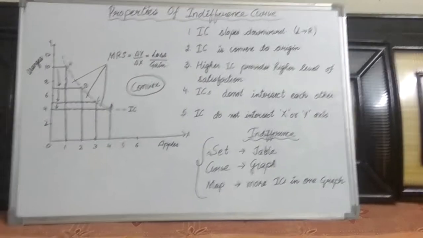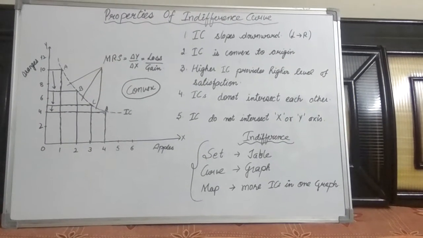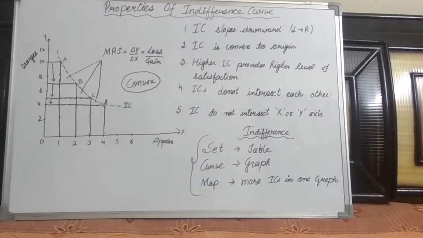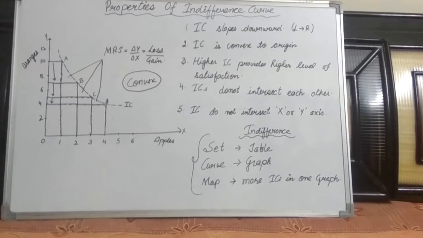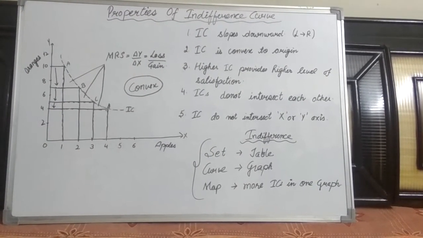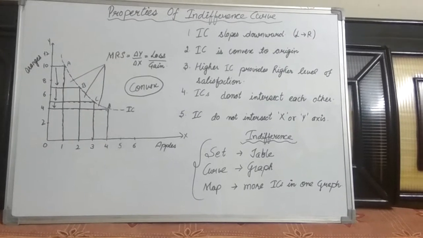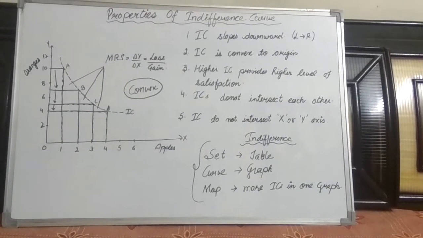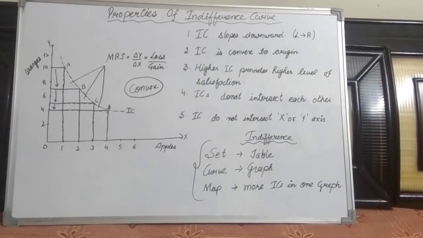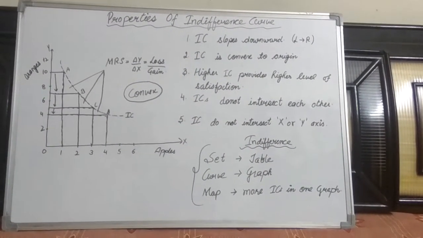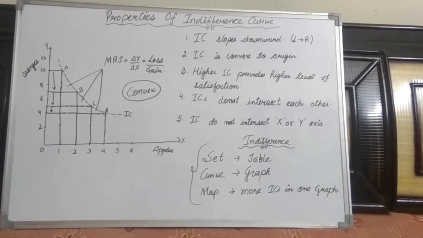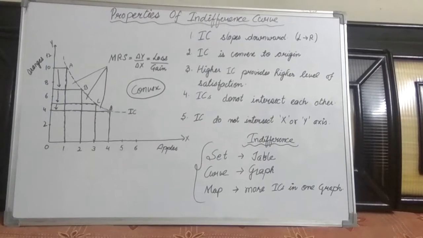This is because in order to get one more unit of a good, the consumer has to sacrifice some units of the second good. The rate of change on the x-axis is constant, one after another, but the rate of sacrifice of the second good, that is orange, is decreasing, because the consumer has limited income and has to spend that income on different goods.